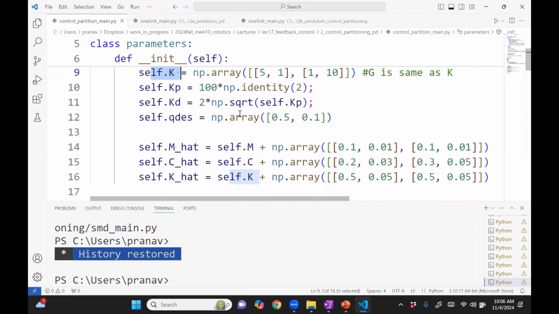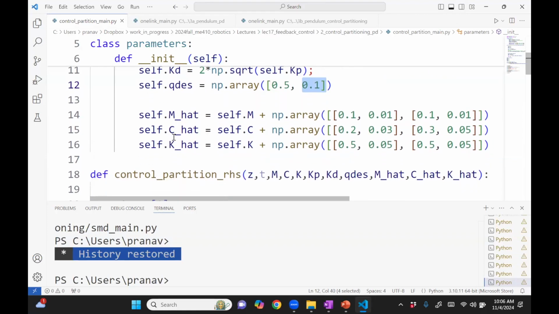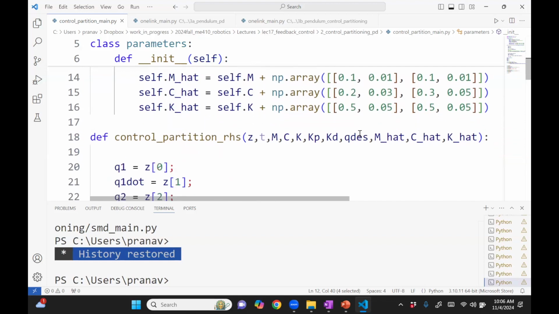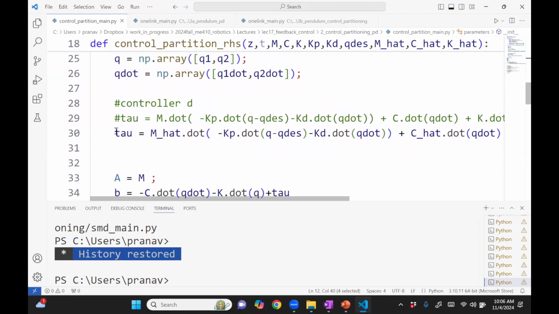So here what we're trying to do is, instead of regulating to 0, 0, we're trying to regulate to 0.5 for Q1 and 0.1 for Q2. And to make my life hard, I said that I don't really know what the mass, C and K are. I introduced some perturbation, so the mass parameters are off. Then control partitioning, basically the same formula I wrote down earlier. This one actually uses the identified form.